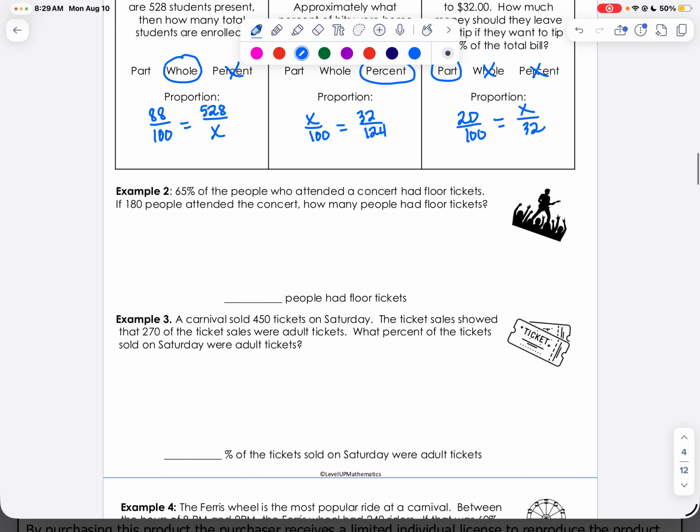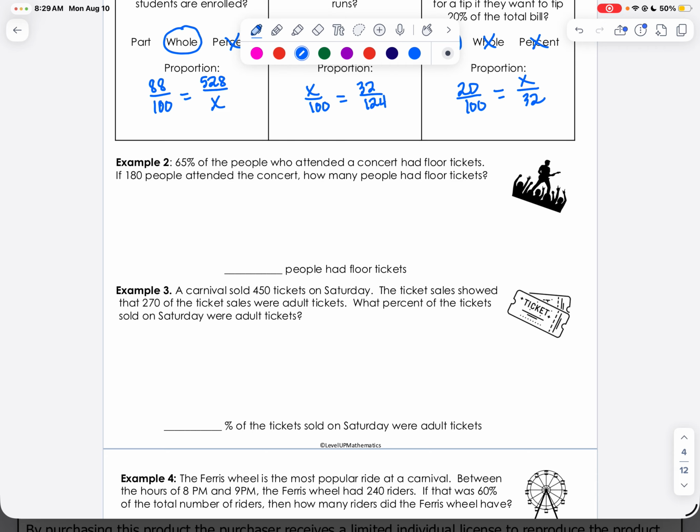Let's look at example 2. 65% of the people who attended a concert had floor tickets. If 180 people attended the concert, then how many people had floor tickets? So let's try to identify the percent, the part, and the whole.